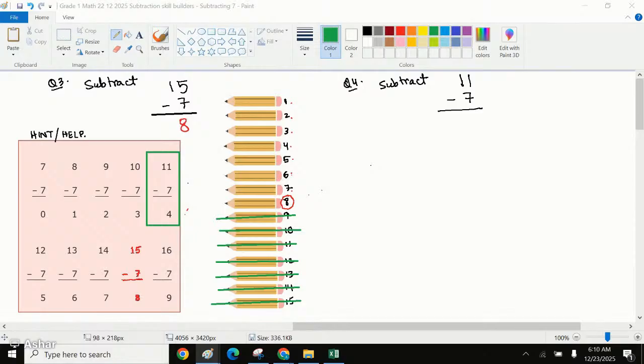Let's do some caps. Let's pick up some caps and try to solve them. How many caps do we need? We need 11 caps. So this is 2, 3, right?